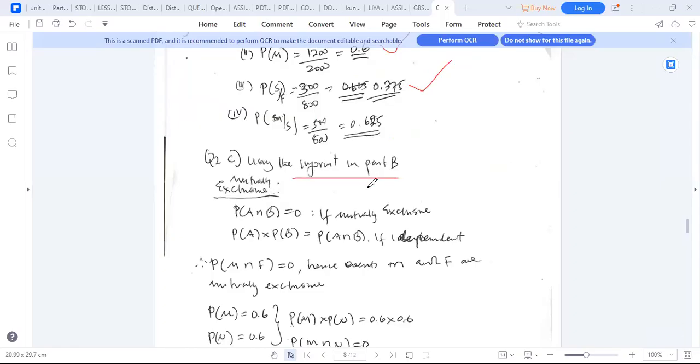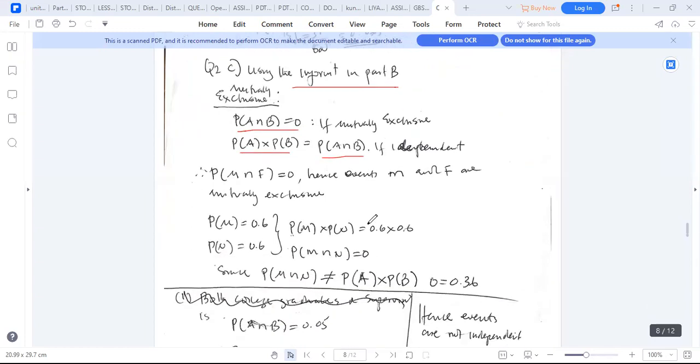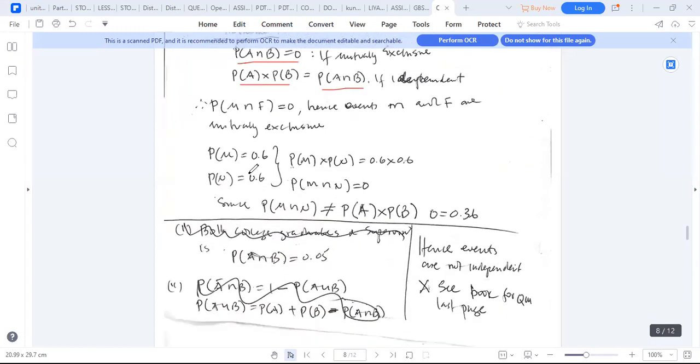So in part B, for them to be mutually exclusive, they have nothing in common. For them to be independent, A given B must be equal to the intersection. So in reality, M intersection F is equal to 0, hence events M and F are mutually exclusive.